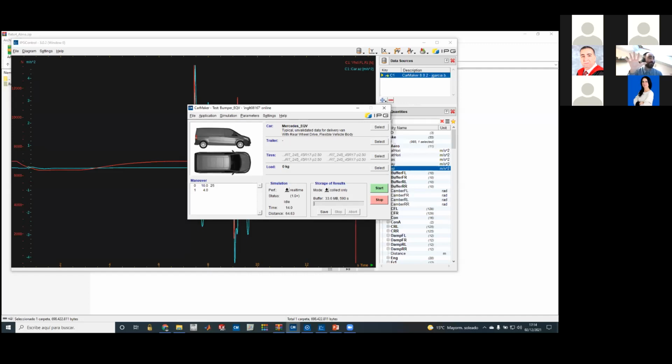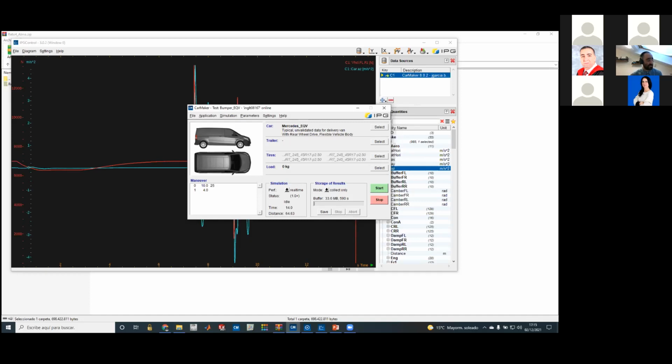If we compare the spectrum of the comfortable car, the healthy car, with the spectrum of the non-healthy car, we will be able to see which peaks are not in place. Therefore we could identify if we have a problem on a bearing, or on a damper, or in another component.